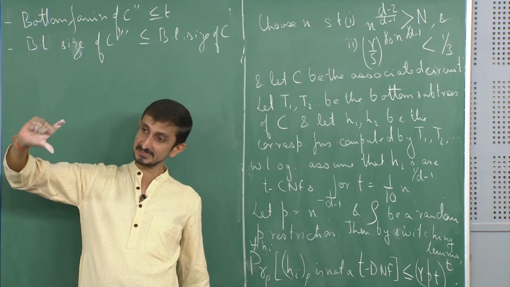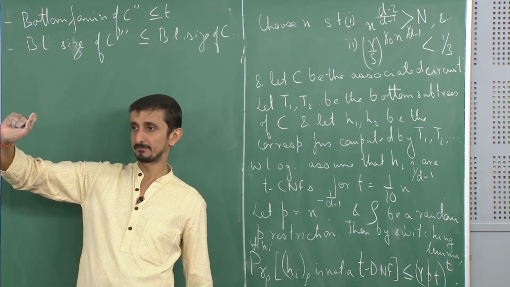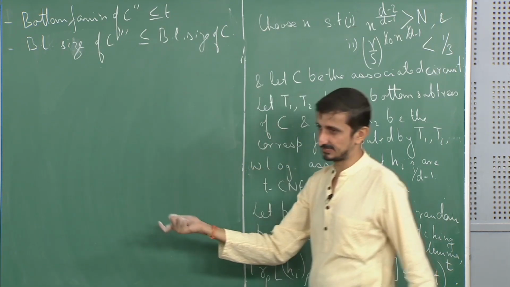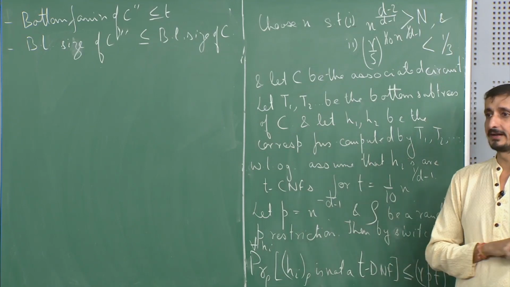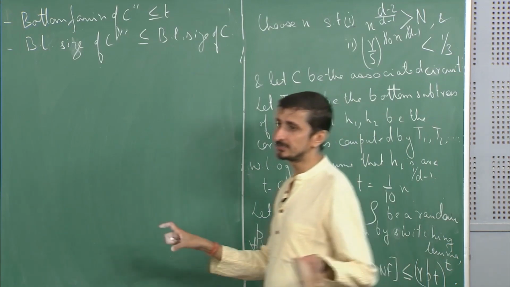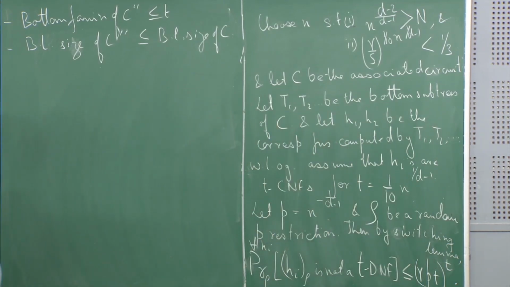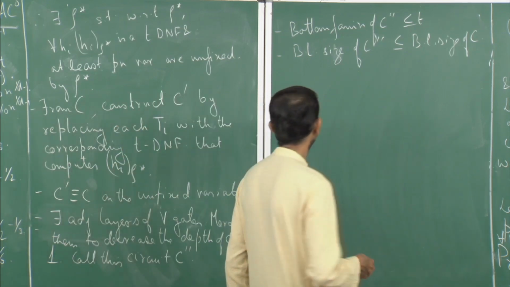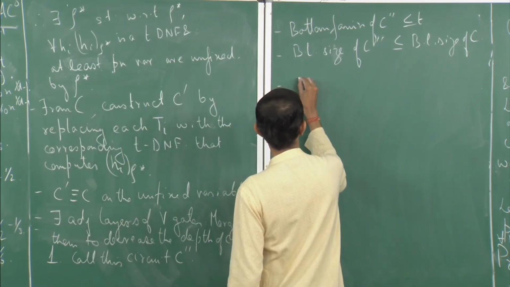The third last and second last layers are what I am merging, those two ORs. The last remains the same because it is AND. So, nothing changes at the bottom, and the size is bounded by the initial size.